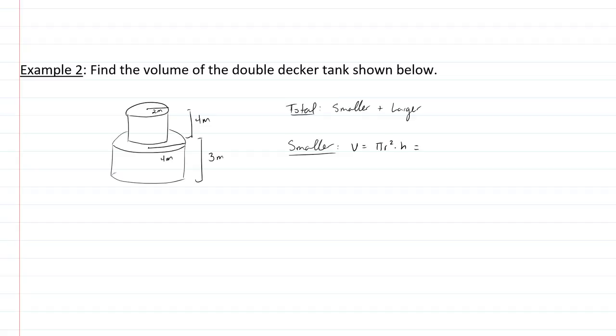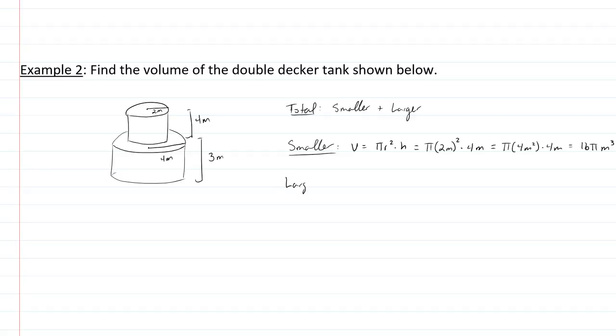We're given that the radius is 2 meters to plug in for r, and the height is 4 meters. This gives us pi times 2 meters squared times 4 meters. This is 16 pi meters cubed.